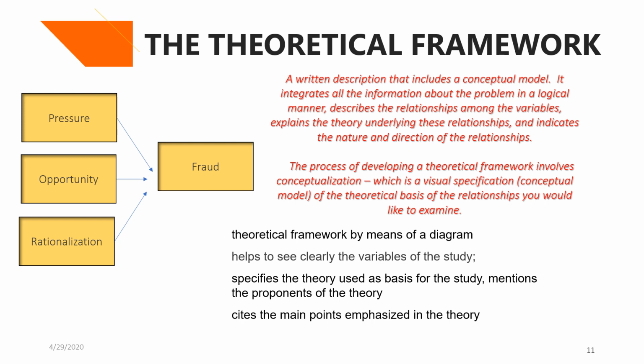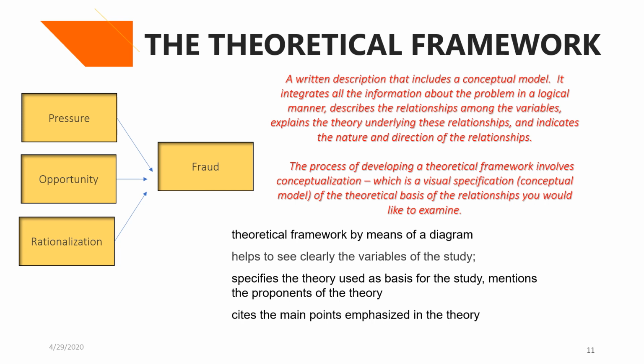Now the next step is how to develop a theoretical framework from the theory. I continue with the earlier example of individual fraud triangle theory. According to this theory, there are three factors that contribute to fraud: pressure, opportunity, and rationalization.